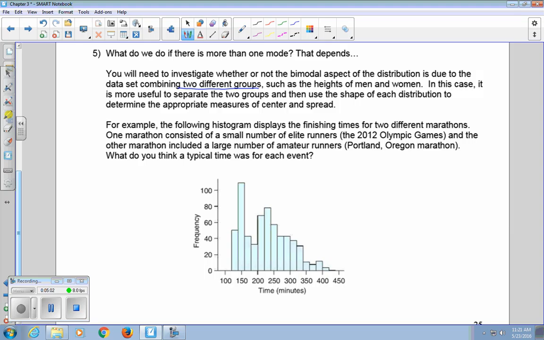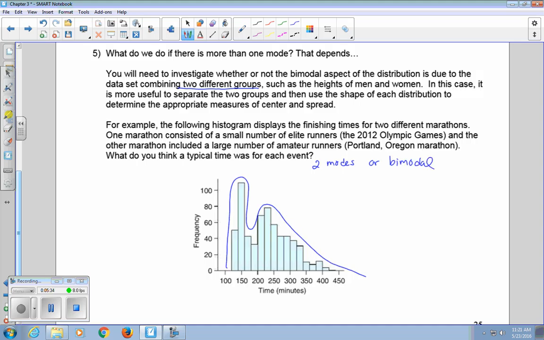For example, the following histogram displays the finishing times for two different marathons. One marathon consisted of a small number of elite runners, the 2012 Olympic Games. The other marathon included a large number of amateur runners, the Portland, Oregon Marathon. What do you think a typical time was for each event? If you look at the outline of this distribution, we see that we have two modes, or we could say it's bimodal.